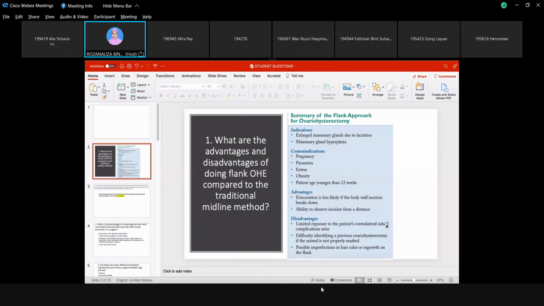The right ovary and uterine horn will be on top, so it's easier for you to reach them. The more difficult side to reach is the contralateral, which is the left side.